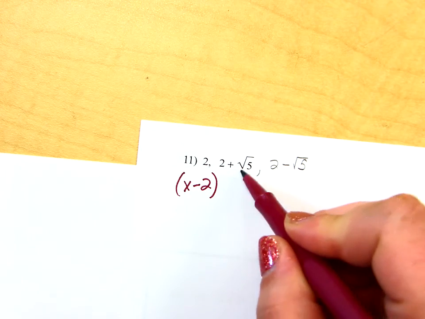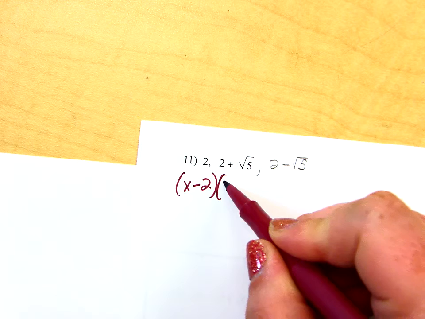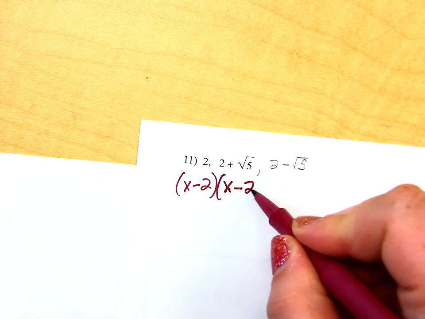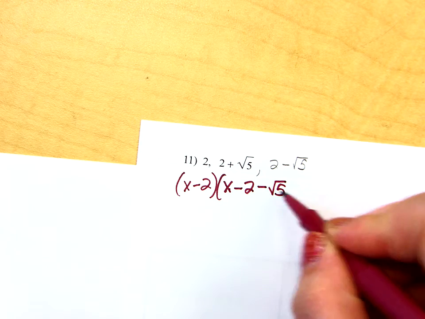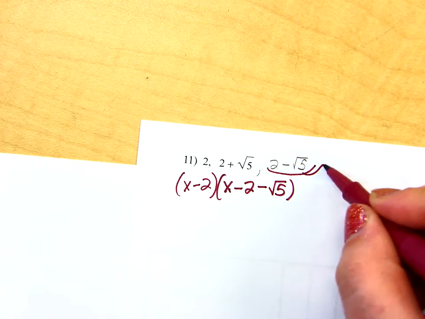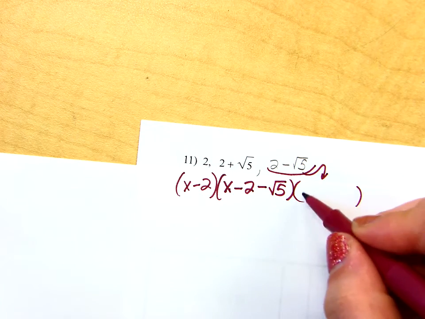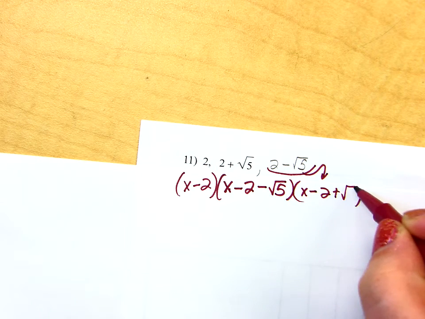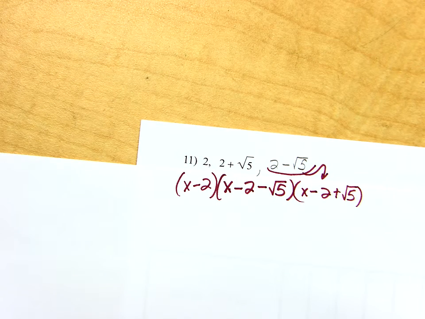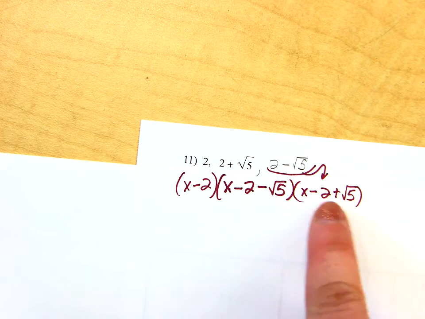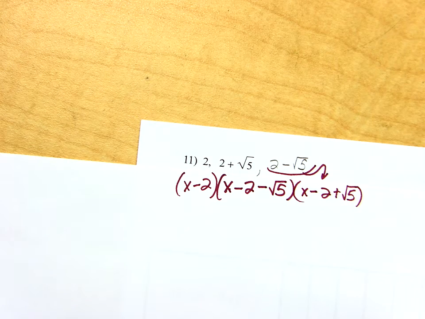So to turn this thing into a factor, I have to do x minus all of this. So it's going to be x minus 2 minus root 5. And then this thing is going to turn into x minus 2 plus root 5. Do you see that? You have to subtract the whole thing. So I have to minus both of those, but in this case that turns that one positive.